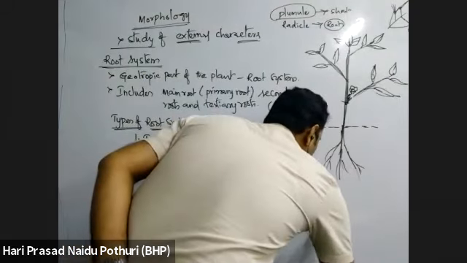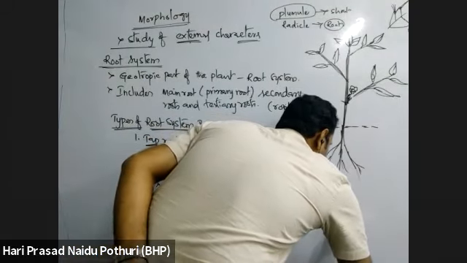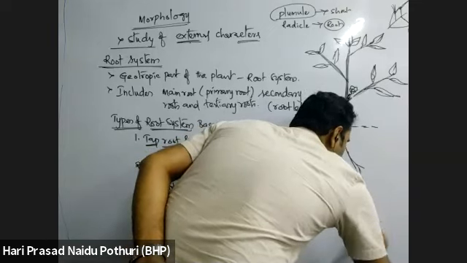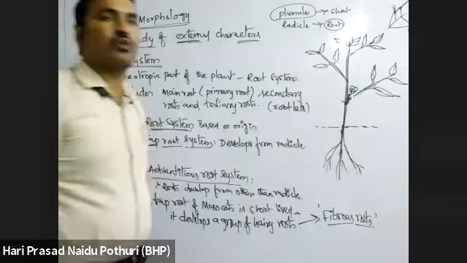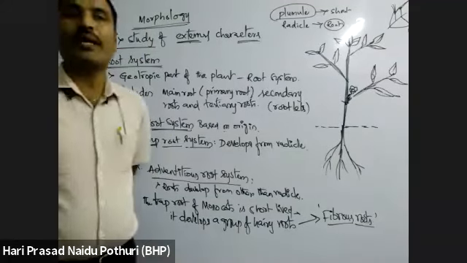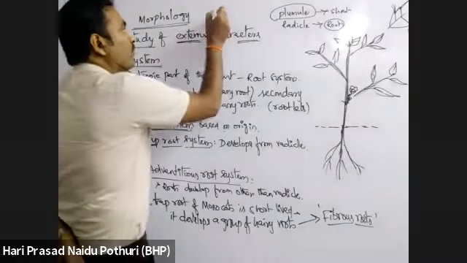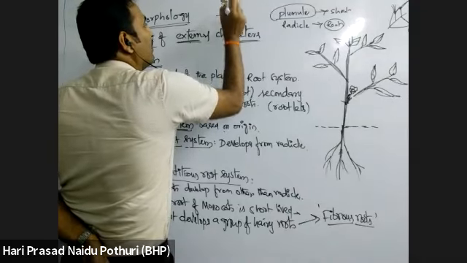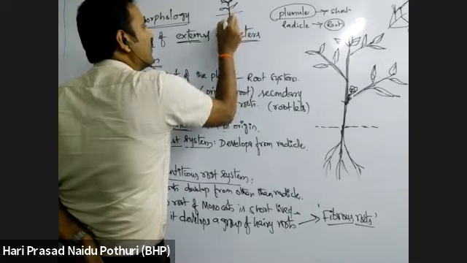These roots which are developing from the part of the taproot in monocots are called fibrous roots. Fibrous roots. If you take a monocot plant, the plant germinated and a taproot system was developed.